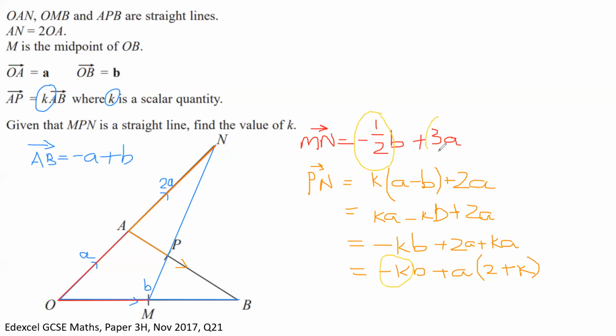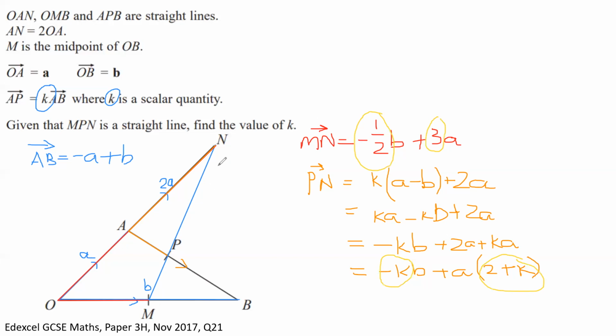We've then got plus 3A, and we've got 2 plus K. We know that P to N is a fraction of M to N, this total line, and we just want to know what fraction this is.